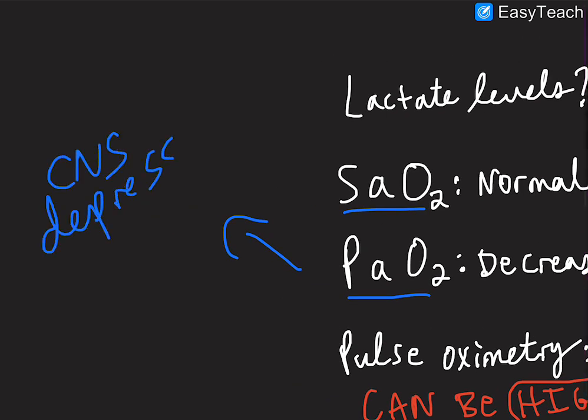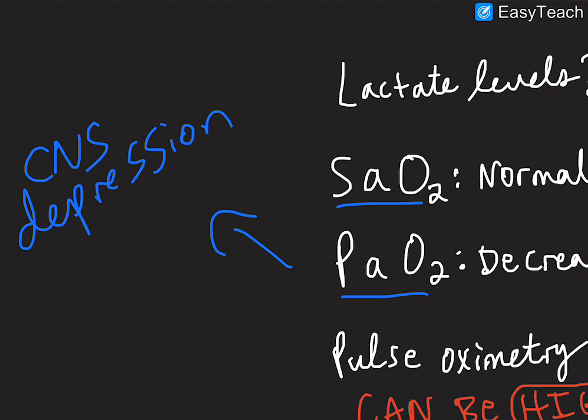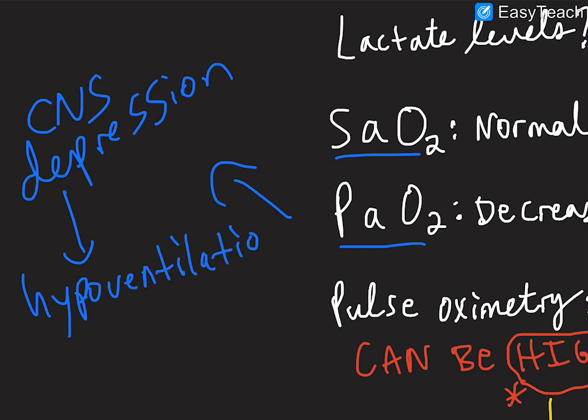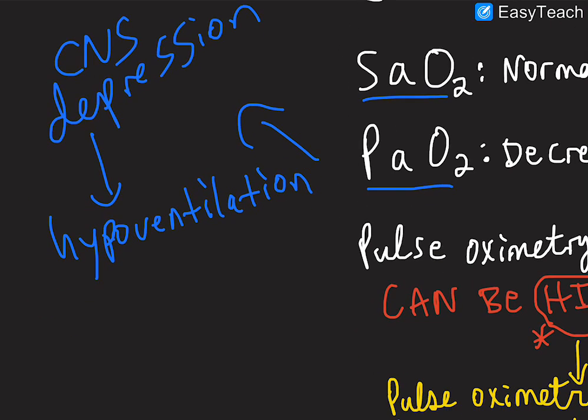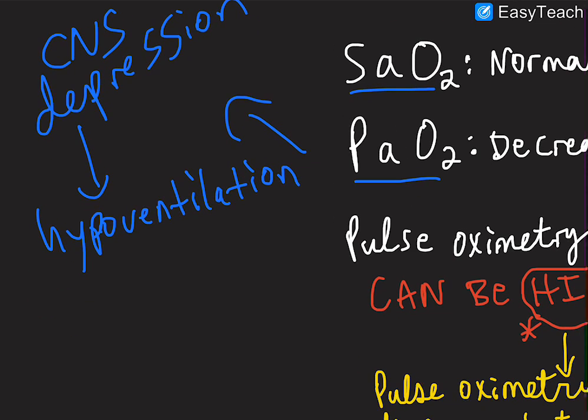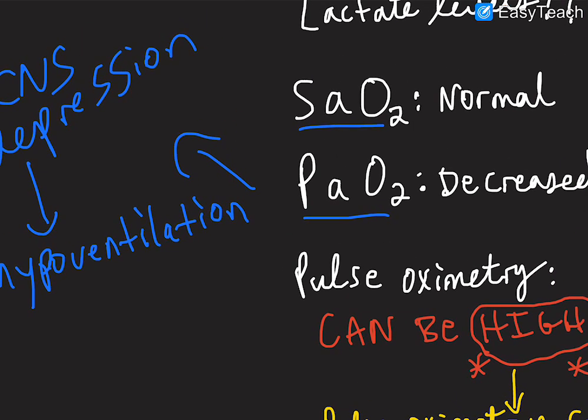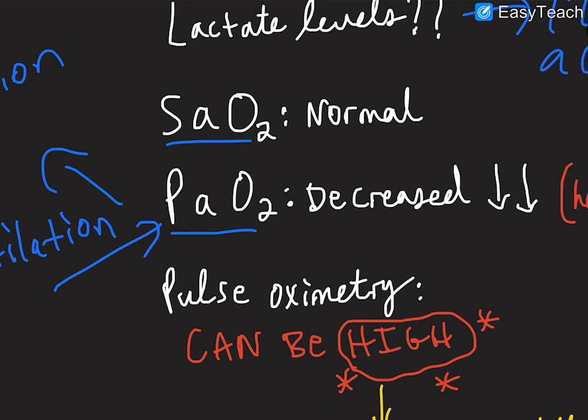And if your brainstem's not sending proper signals for you to inhale and exhale properly, then that's going to lead to hypoventilation. So you're not taking enough air in, and you're not breathing enough CO2 out. If you're not taking enough oxygen in, that will lead to a low partial pressure of oxygen in your blood. So that's a way that it can be decreased.